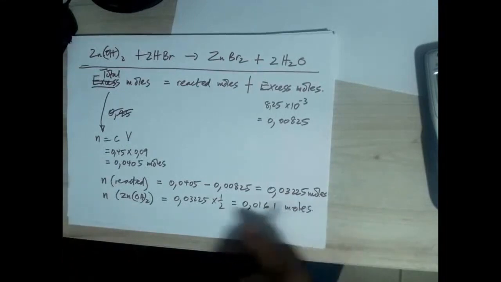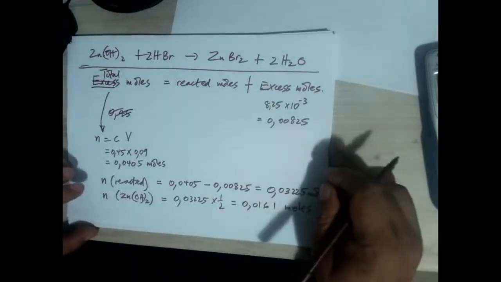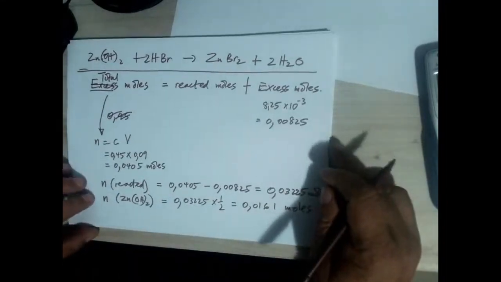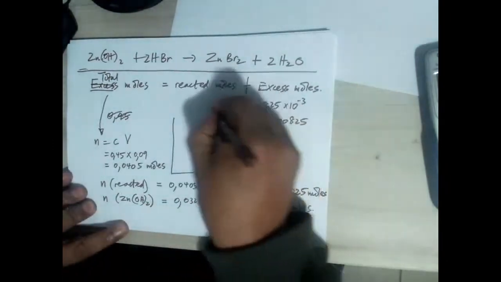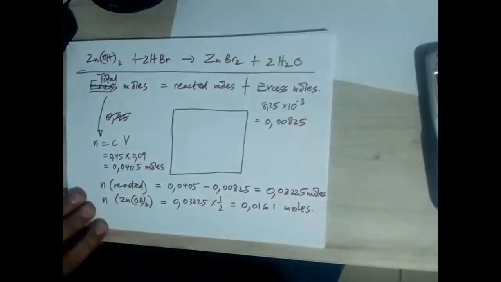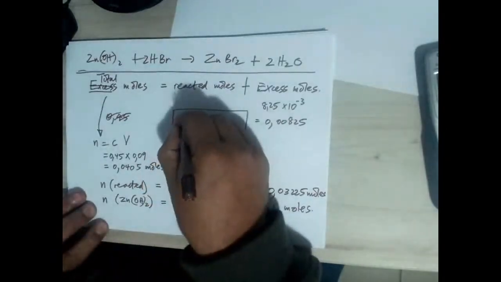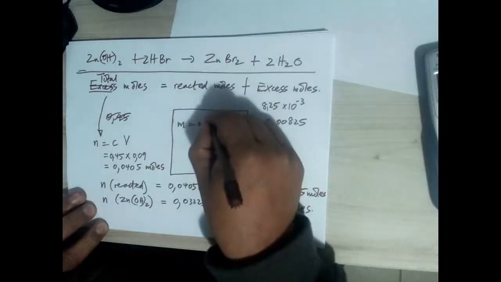Right, so now I have the moles of zinc hydroxide that reacted, and quite simply, in the middle of the page, I will show you that mass is equal to moles times molar mass.